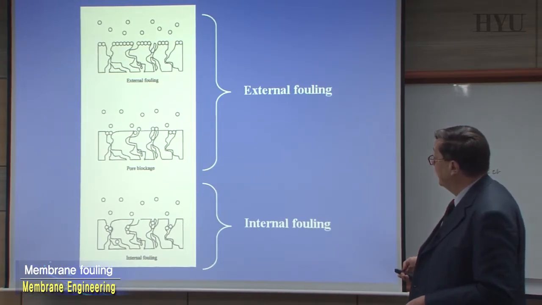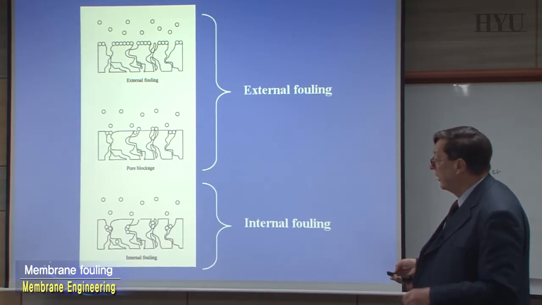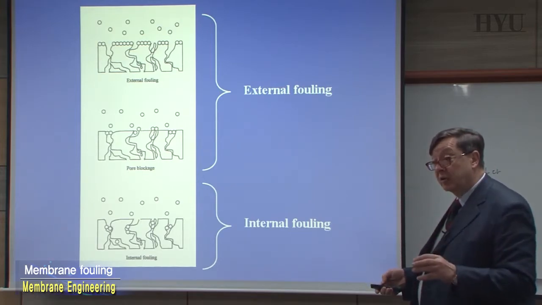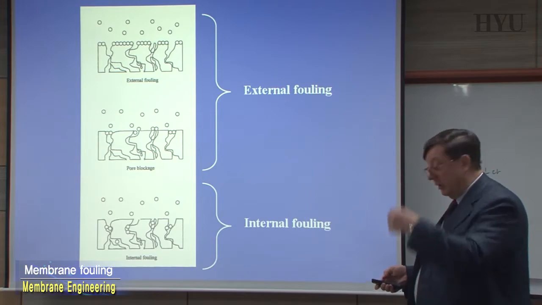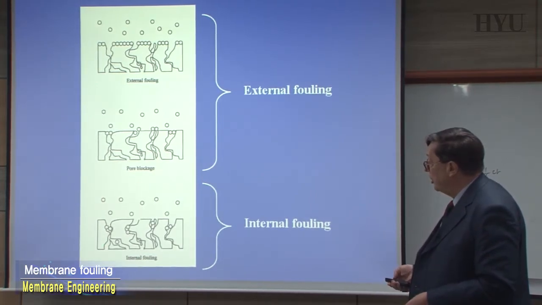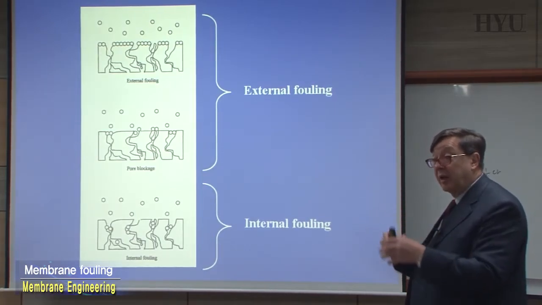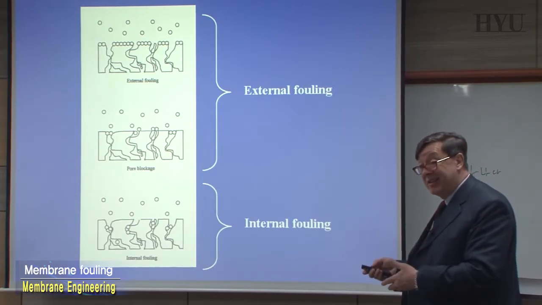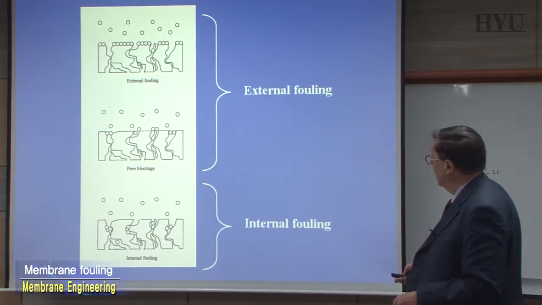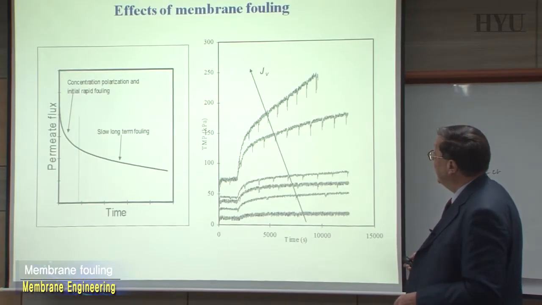Here, where it is the internal one, you can have a situation in which particles of small size can penetrate, and particularly due to the tortuosity factor, to the fact that pores are not linear and not all equal in diameter, you can have a region in which it is easier for some particle to be blocked, creating significant resistance to permeation across the pore. So these are two extreme cases.